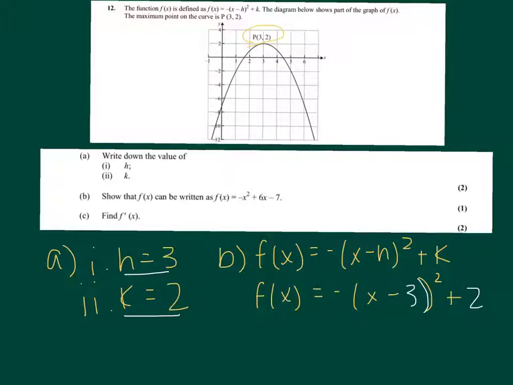And when we simplify this, we get negative x squared plus 6x minus 9 plus 2, which simplifies to negative x squared plus 6x minus 7.